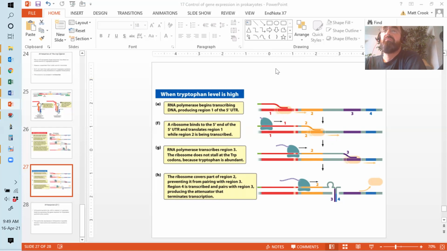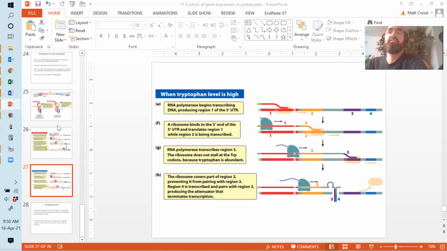So don't expect yourselves to understand this first pass. I'd strongly suggest spending time going through this, particularly these last 3 slides, because attenuation is the hardest part of this to get. But it's also the coolest part because this is a really elegant way of detecting something, right?